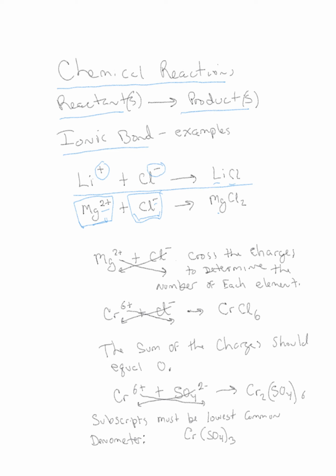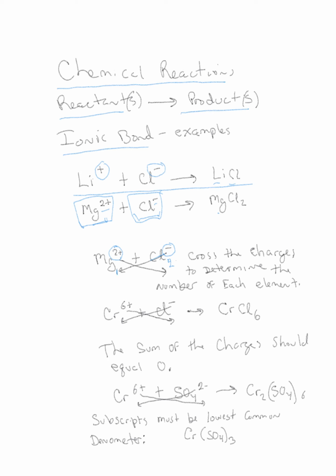One way of determining this is to cross the charges and treat the charges as the number of atoms I have to have of that element. So I take the charge of the magnesium and use it as the subscript for the chlorine, and the charge of 1 for the chlorine I use as the number of magnesium.